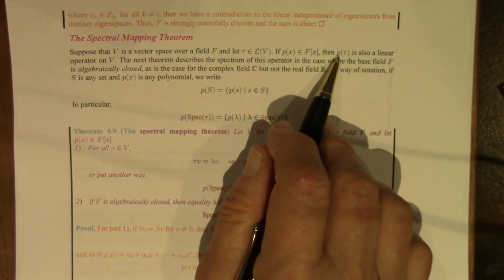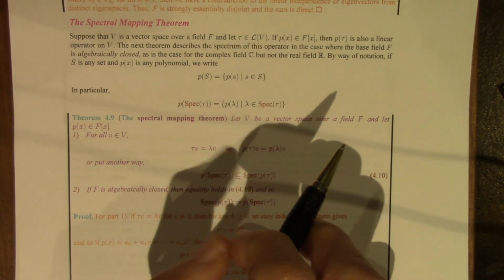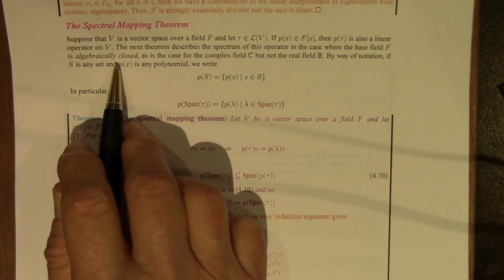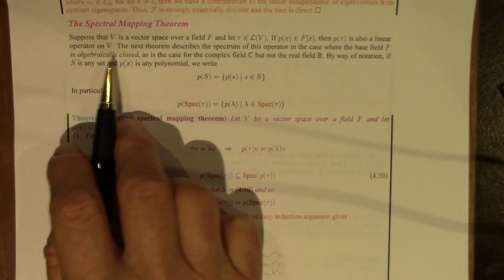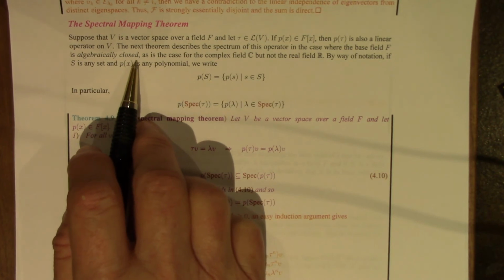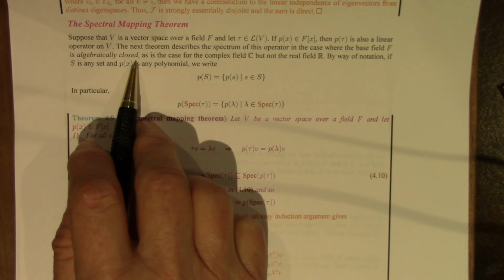What about the spectrum of P of tau? It is very strongly related to the spectrum of tau. And that's what the spectral mapping theorem tells us. It's strongest, however, when the base field is algebraically closed, such as the complex field but not the real field.